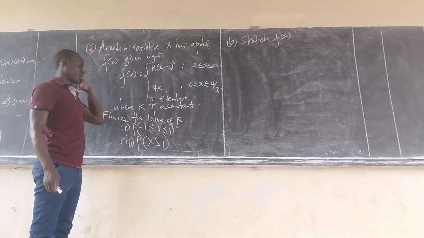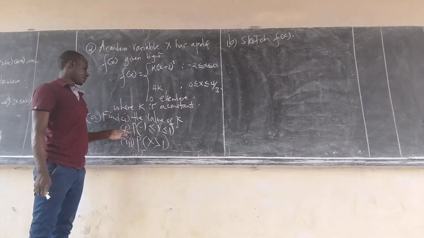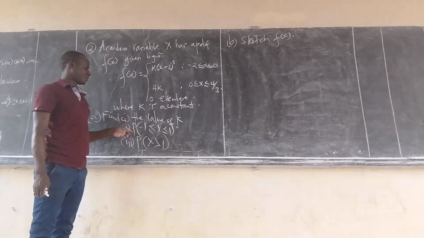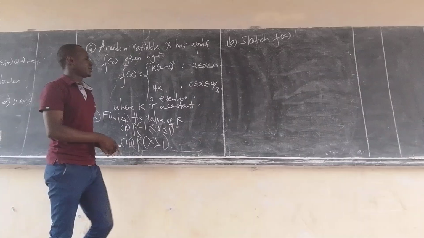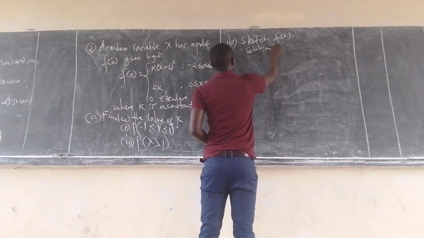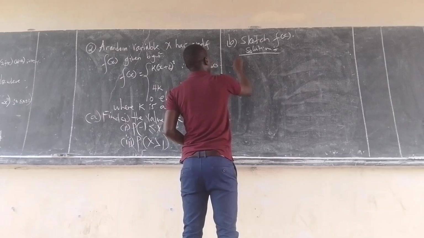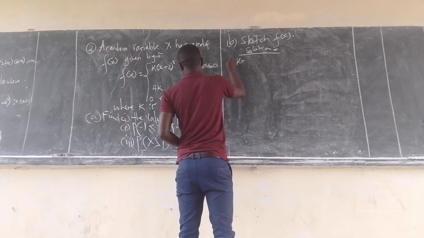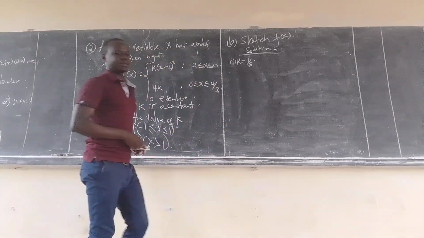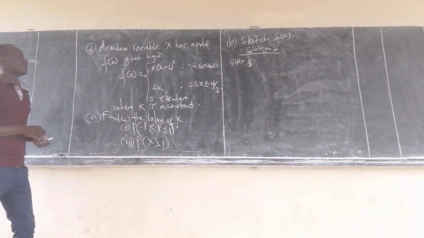So I request the class that in your free time you can try and check whether these values are correct. So in our solution, the value of k, which is part 1, you will check and see whether it is 1 over 8.